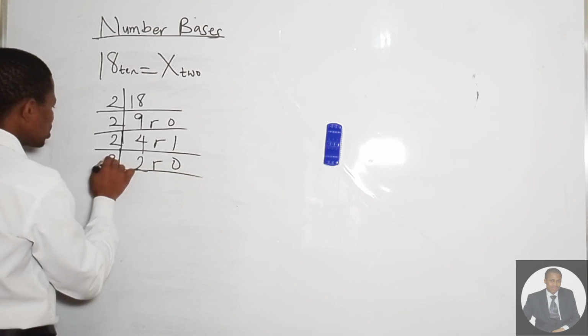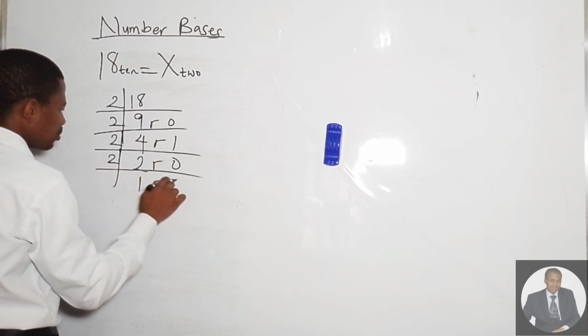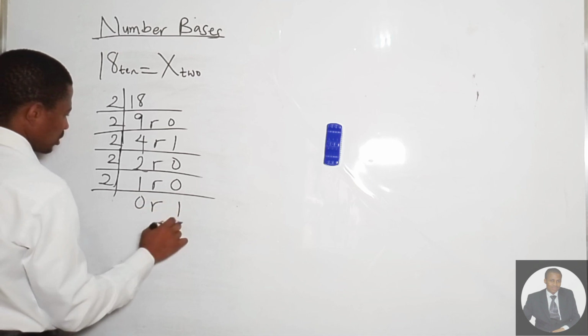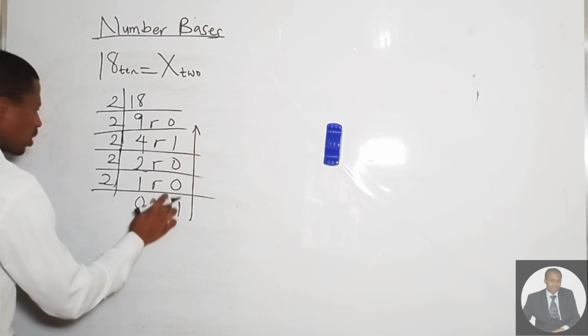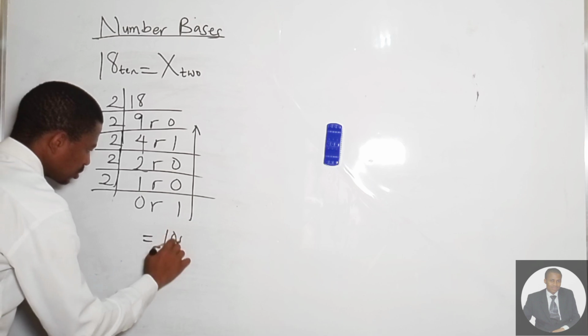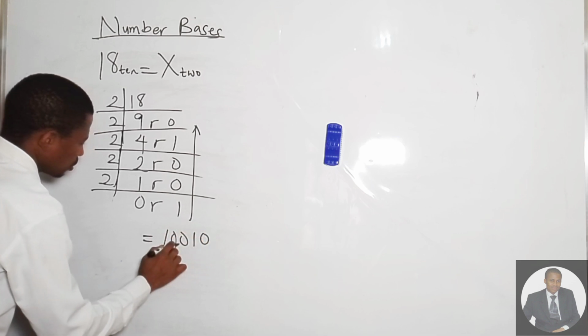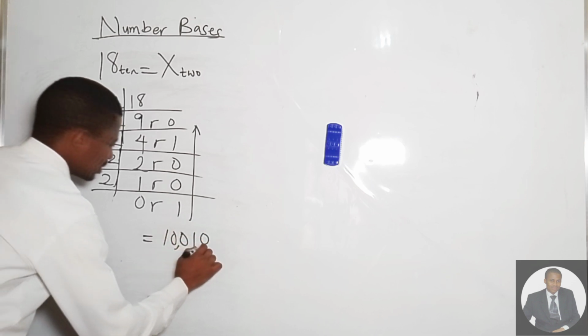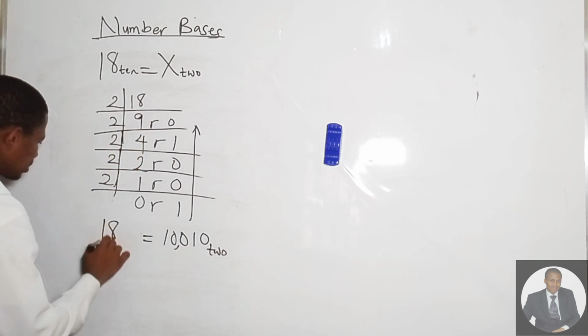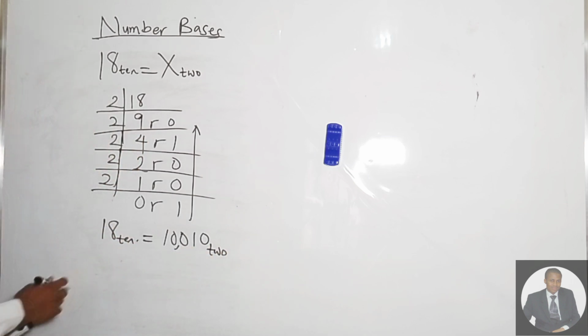How many 2 is in 2? 1, remain 0. How many 2 is in 1? 0, remain 1. So our answer will be 10010. So 10010 base 2 is the same thing as saying 18 base 10.